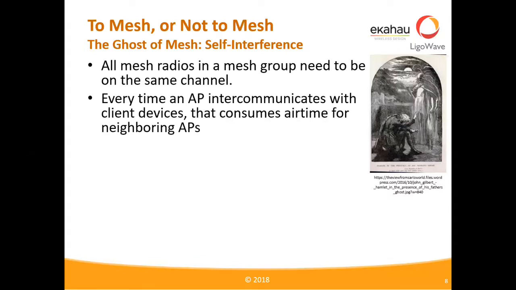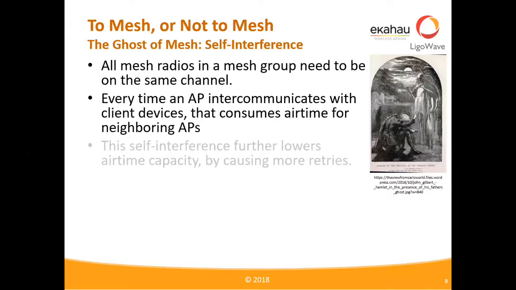So every time an AP intercommunicates with the client device, that consumes airtime for neighboring APs as well. So basically, I have all of these neighboring APs, and they're all on the same channel so that they can communicate with each other. But if I'm also using those to talk to client devices, then every time I'm interacting with a client device, I'm further creating self-interference for the neighboring APs. And that's going to result in lower airtime capacity and higher retries.